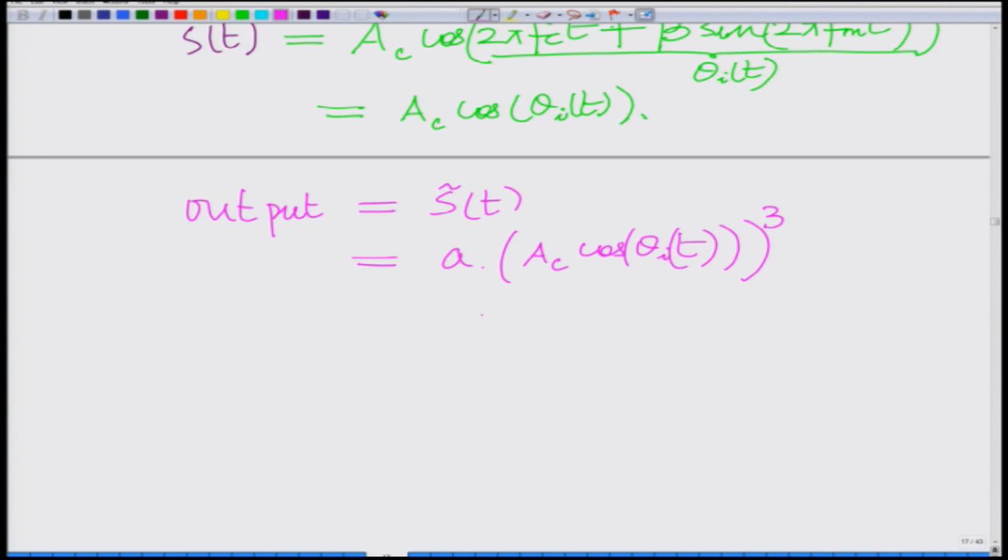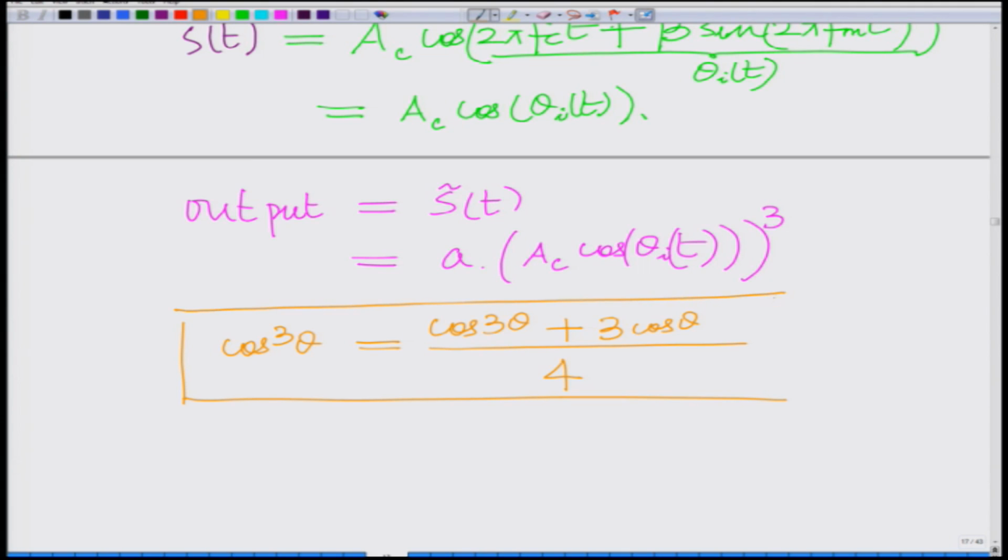Now we will use a trigonometric property for cosine cube of theta. Cosine cube of theta is cosine 3 theta plus 3 cosine theta divided by 4. I am going to use this property to simplify the output.